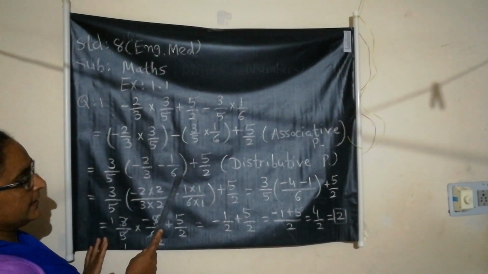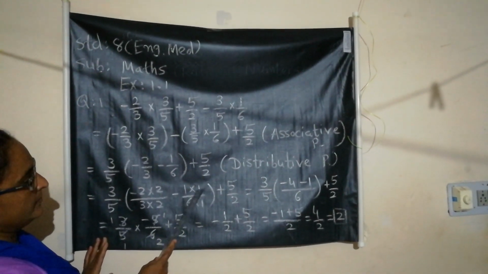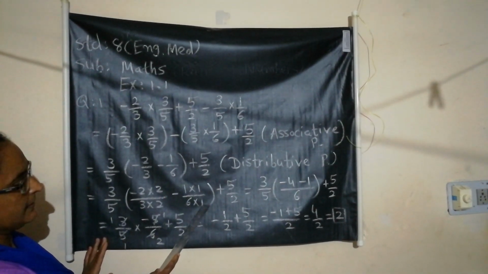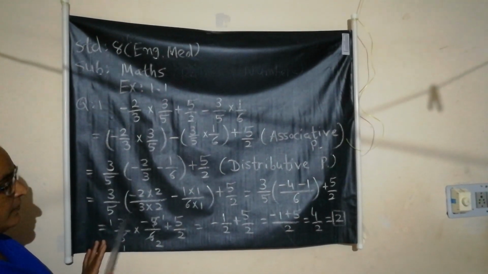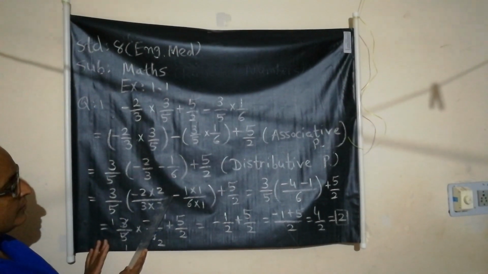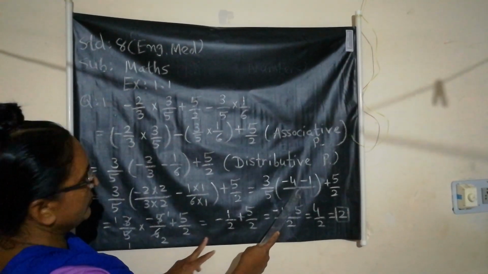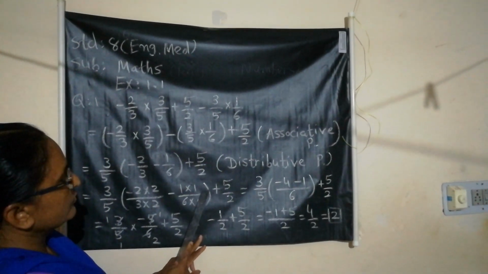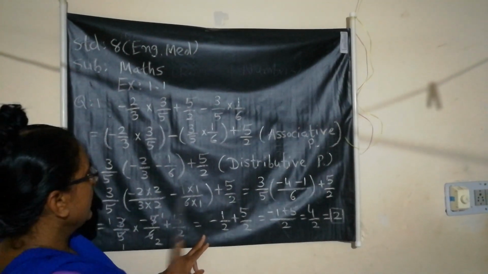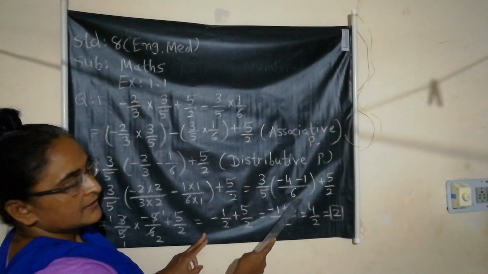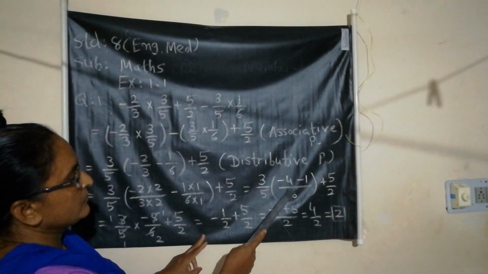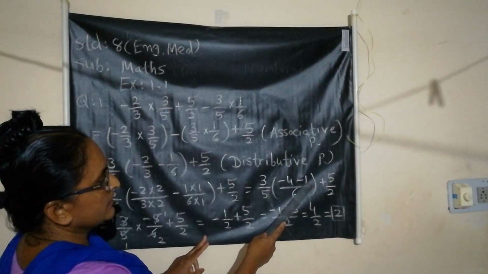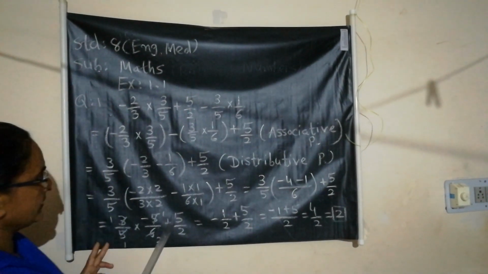Therefore, we multiply by 1: 1 upon 6 multiplied by 1 plus 5 upon 2. 3 upon 5 in bracket, negative 2 into 2 means negative 4. Negative 1 into 1 means negative 1. And there is 6 as the denominator plus 5 upon 2. Now negative 4, negative 1, therefore the answer will be negative 5.